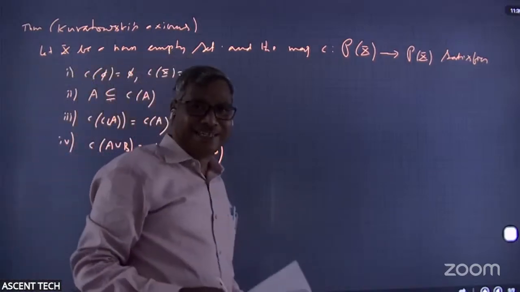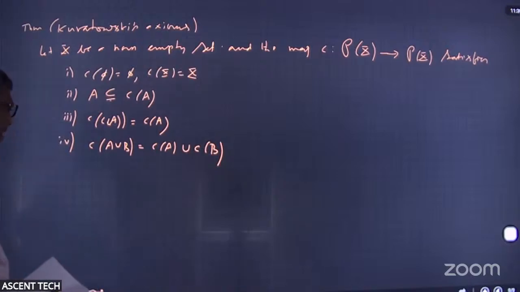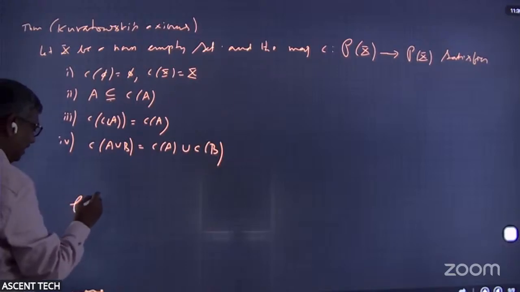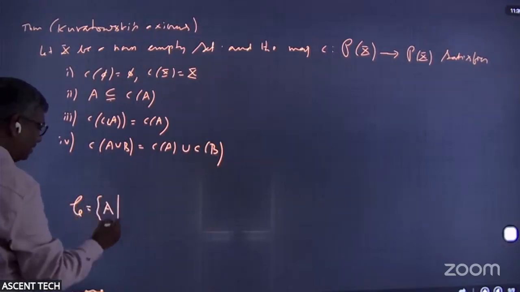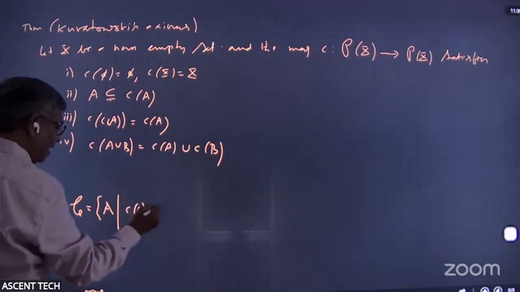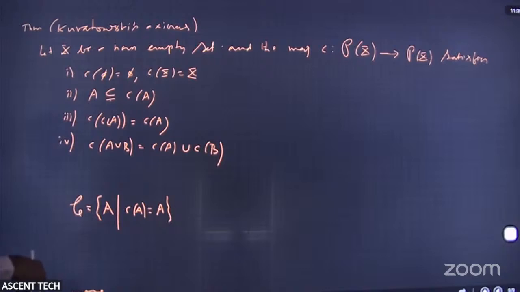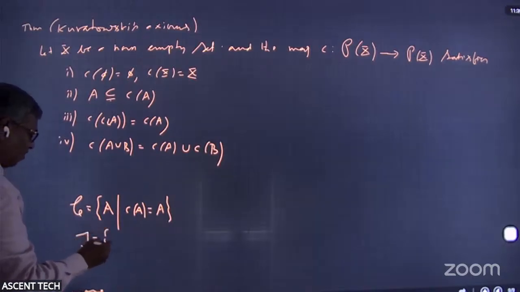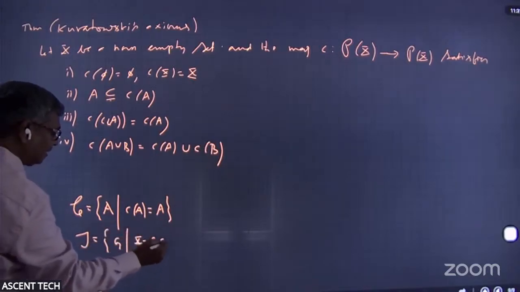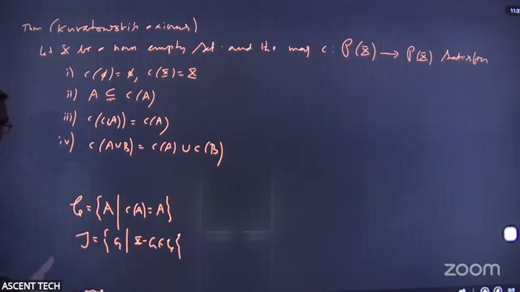You can already guess it. C will first of all create this set C consisting of all those A such that C of A equals A, and I want these to be the closed sets. Therefore, the topology T is the complements of all such sets, all G such that X minus G is in C, and we will notice that this T will be a topology.